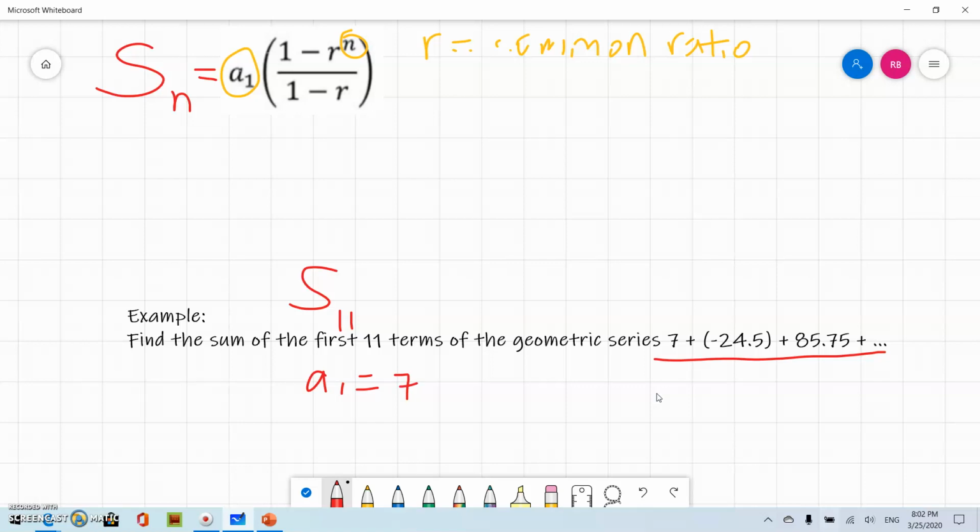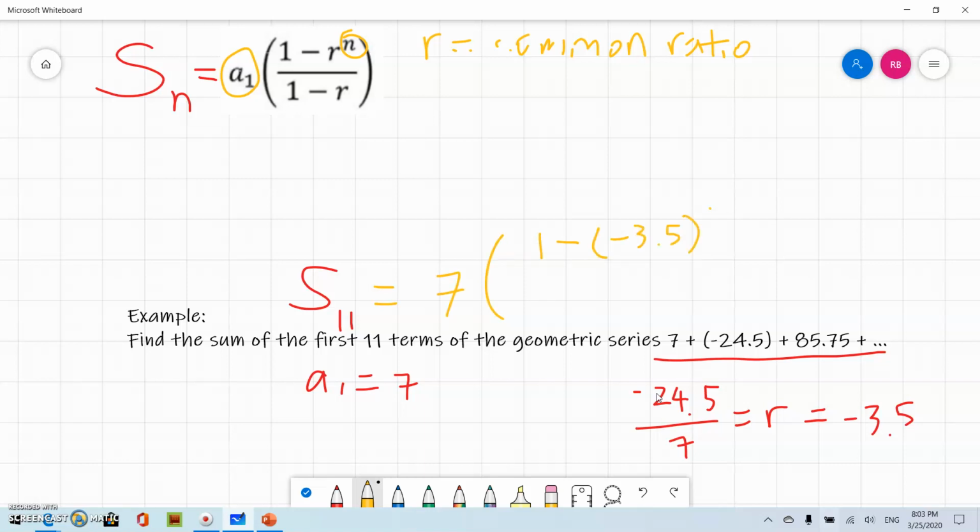To find R, we do negative 24.5 divided by 7, which will give us R. I do that quickly on a calculator, and that's negative 3.5. So then we have all the elements we need to plug into the formula. So S of 11 is 7 times 1 minus negative 3.5 to the 11th power over 1 minus negative 3.5.